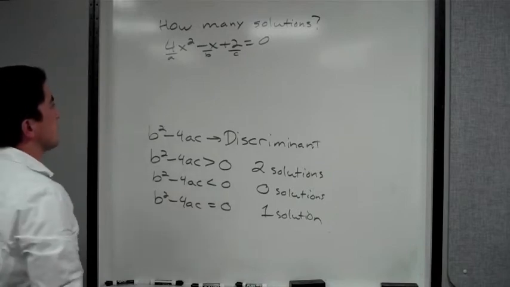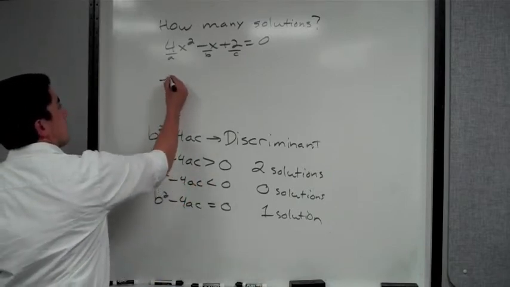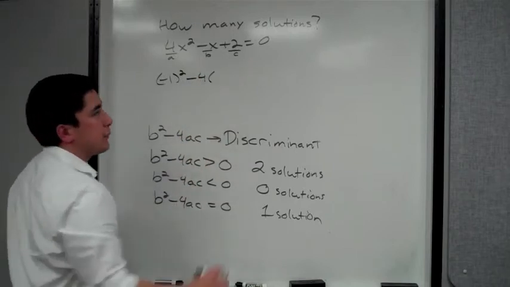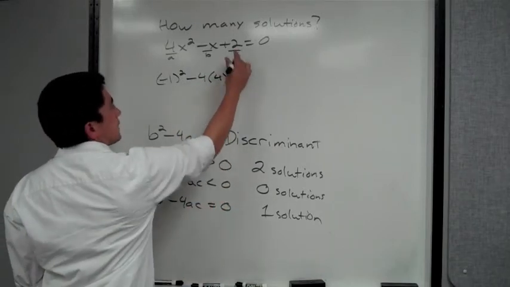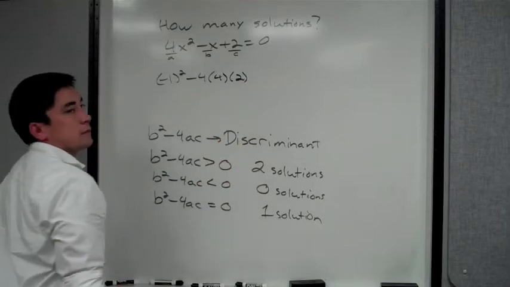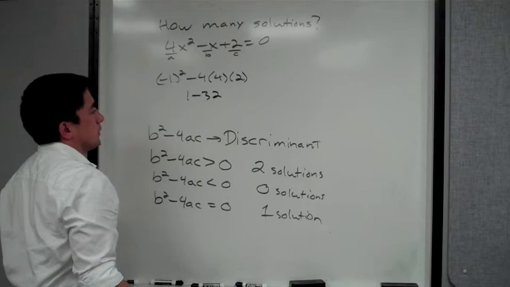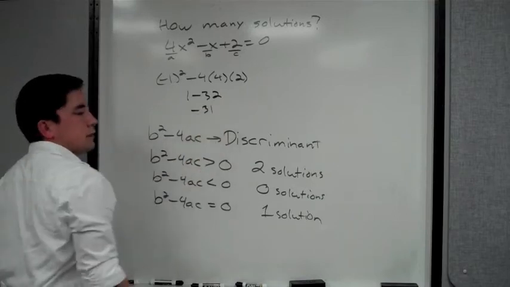Okay? So, we have b squared, so negative 1 squared minus 4 times a, which in this case is 4, times c, which is 2. Alright? So it gives us 1 minus 32, which is negative 31.